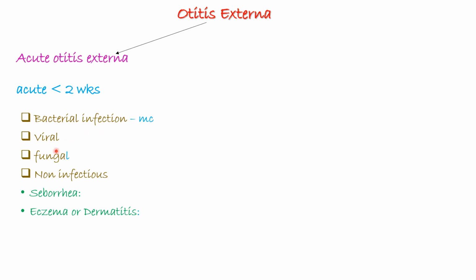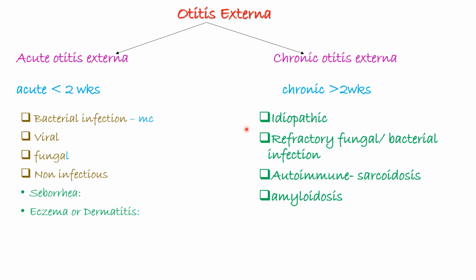You can also have viral, fungal, and non-infectious otitis externa, that is seborrhea and erythema or dermatitis. Chronic otitis externa is greater than 2 weeks, and it can be idiopathic, refractory, fungal or bacterial infection, or autoimmune, such as in cases of sarcoidosis or amyloidosis.